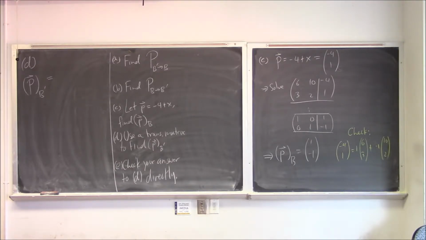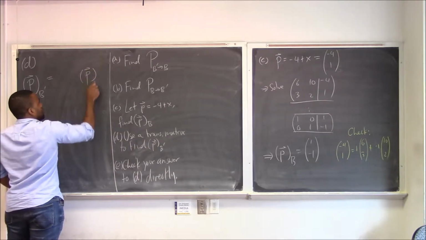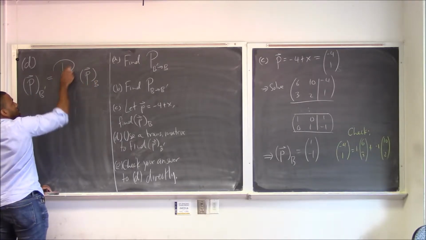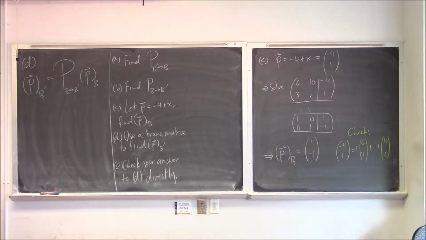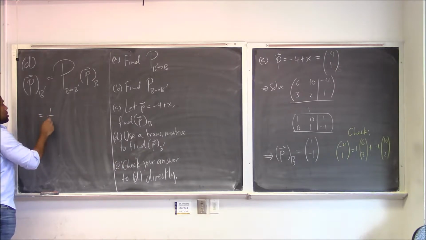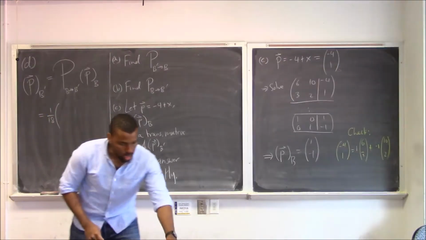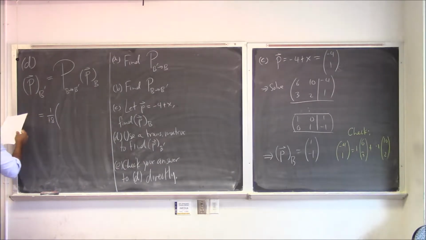Multiply [p] of B by the transition matrix from B to B prime. Right. So I start with [p] of B, which we just found, and then I'm going to transition it from B to B prime. So I'll multiply by that transition matrix, which we found in part B. So that was 1/18 times minus 4, 14.